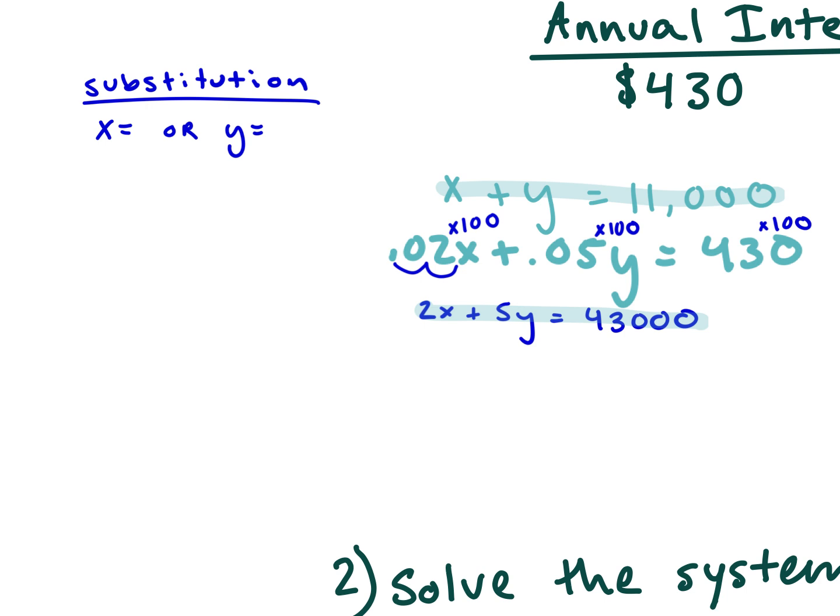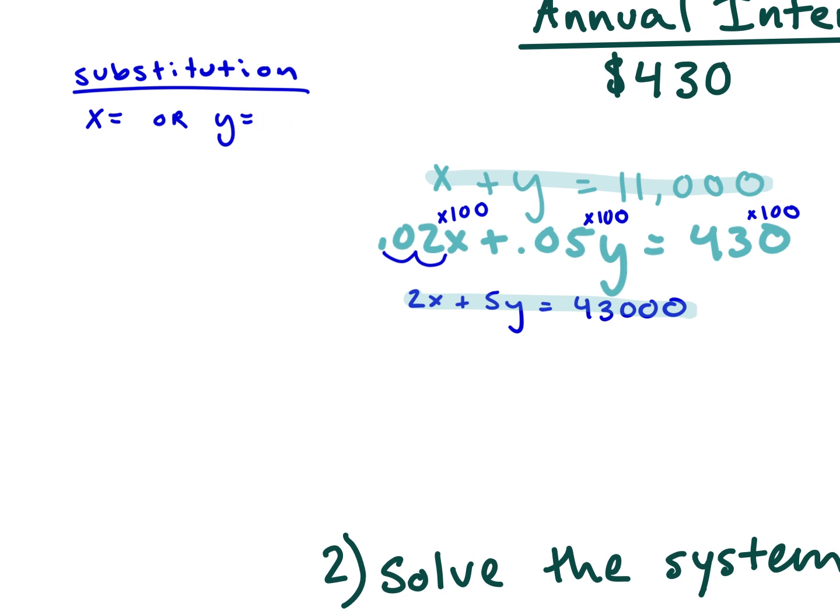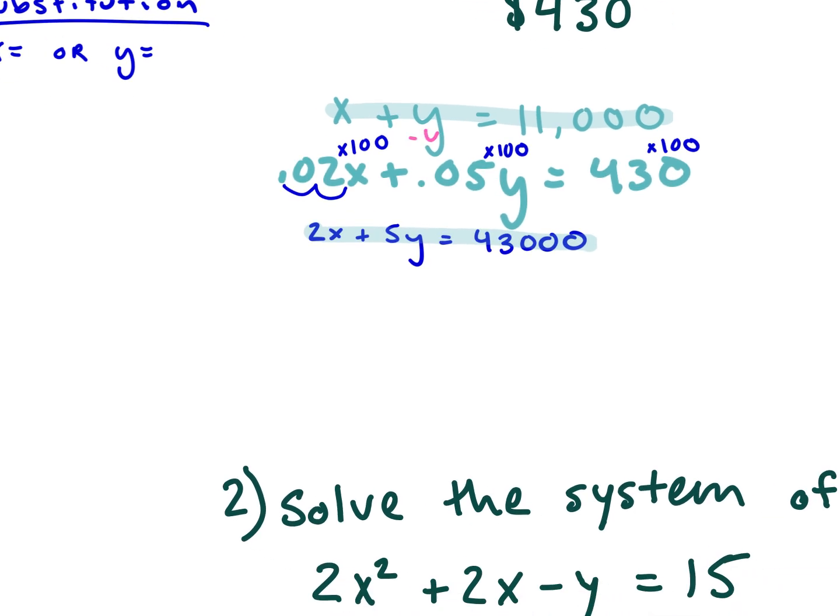But let's get our first equation to be x equals. So we want to get the x all by itself. How would I move the y to the other side? Subtract y. So I'm going to subtract y to move it to the other side. So our new first equation is going to be x equals 11,000 minus y. Now we said we're going to solve using substitution here.